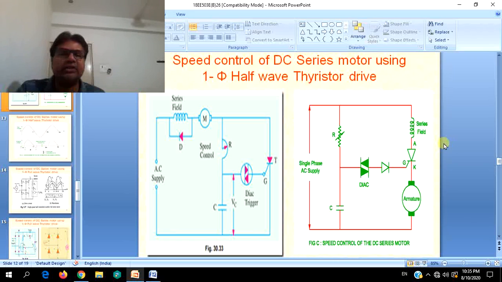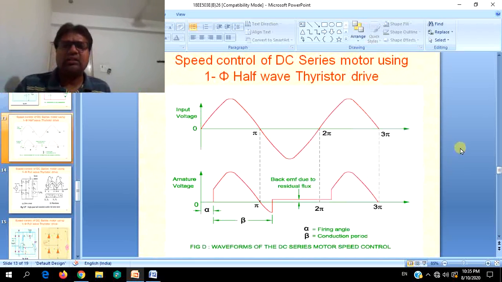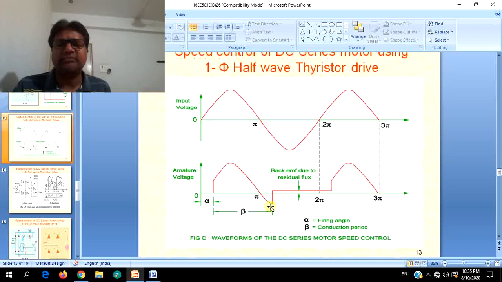And again at zero crossover for the negative half cycle, the SCR gets automatically turned off. Due to the inductance, that voltage will be negative for some time due to the back EMF or residual flux, and only positive half cycles will be entering the motor.